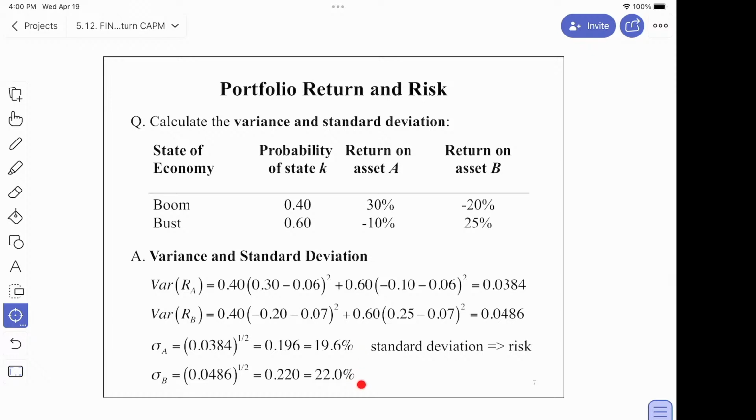Calculating the standard deviation, returning our numbers to percentages, we see that although B has a higher return, it also has a higher risk, okay? And it's not necessarily always the case, but there is a general pattern that you'll see: higher risk, higher expected return.